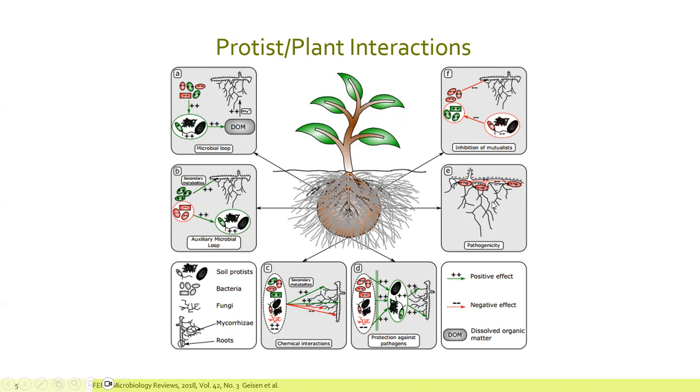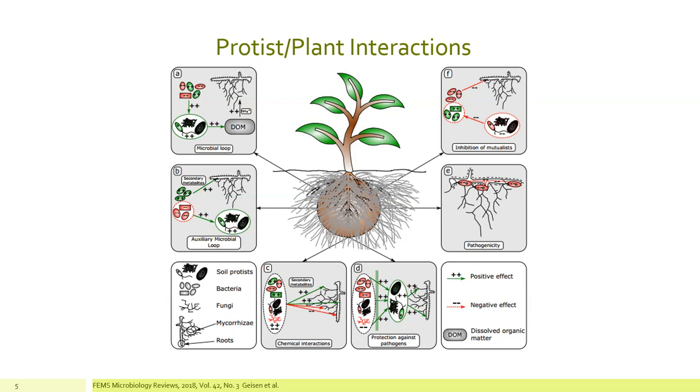Next, we have E, which is the complete opposite of D, where some of these protists may just be pathogenic. And if you're wondering, why would we want these organisms? This goes back to the idea of creating diversity.